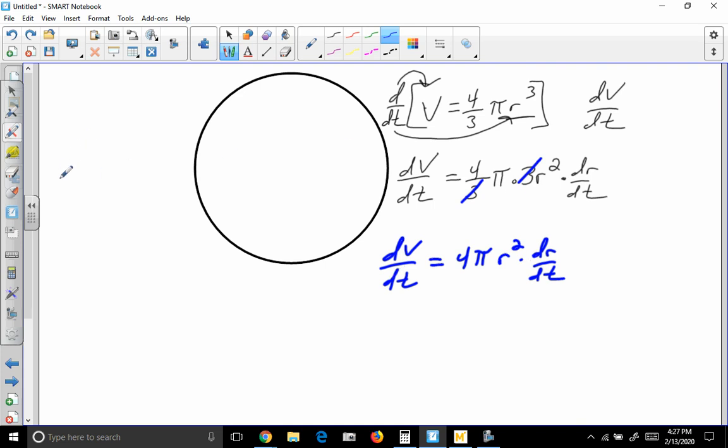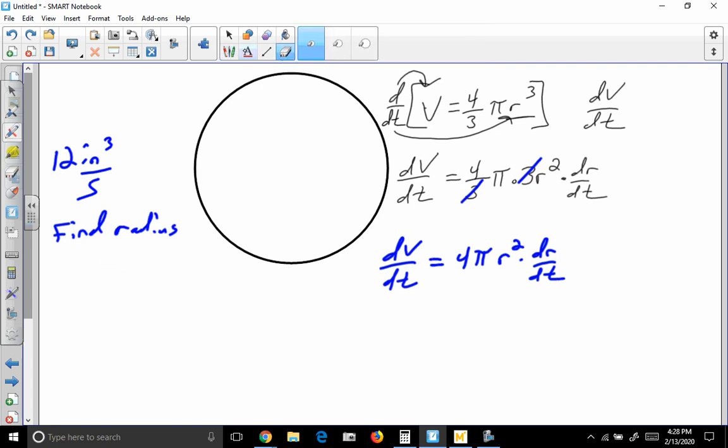So let's suppose that air is being added to the balloon at 12 cubic inches per second. Let's find out how fast the radius is changing. Find the rate at which the radius is changing when the radius is 4.